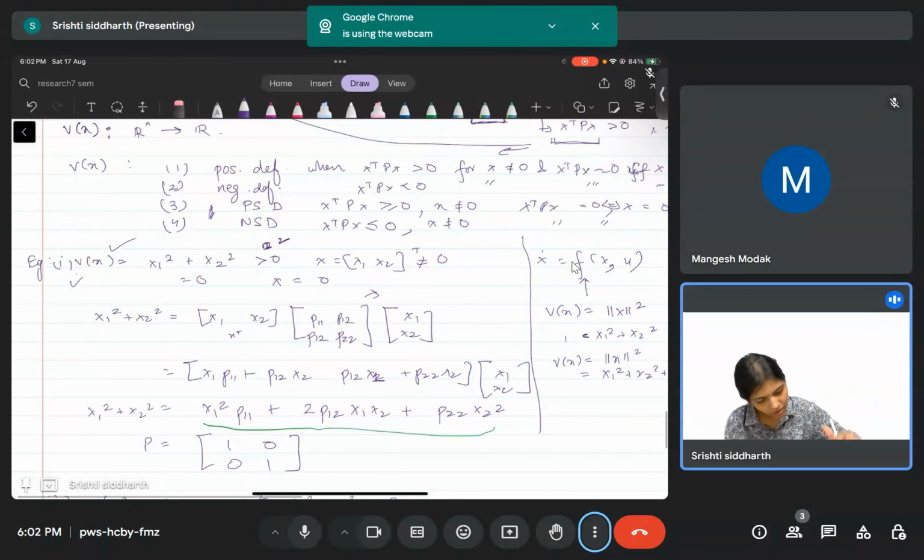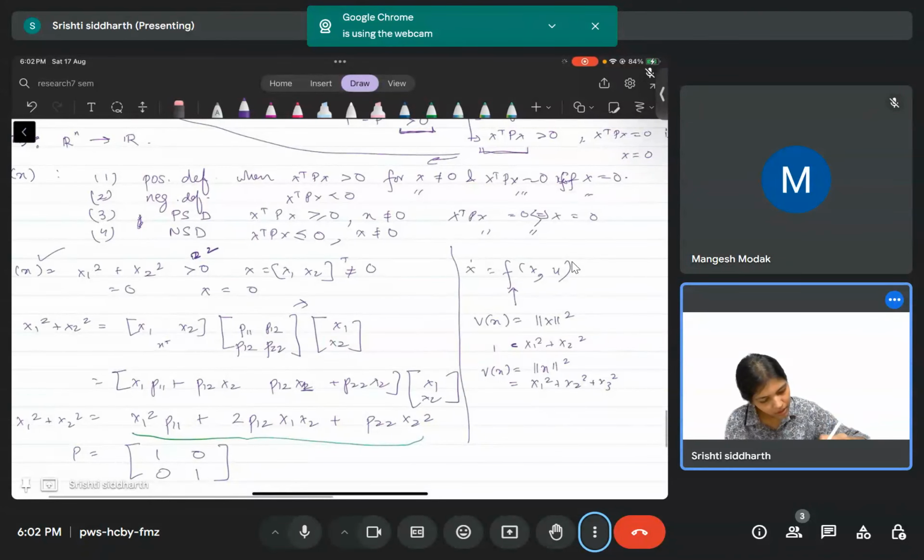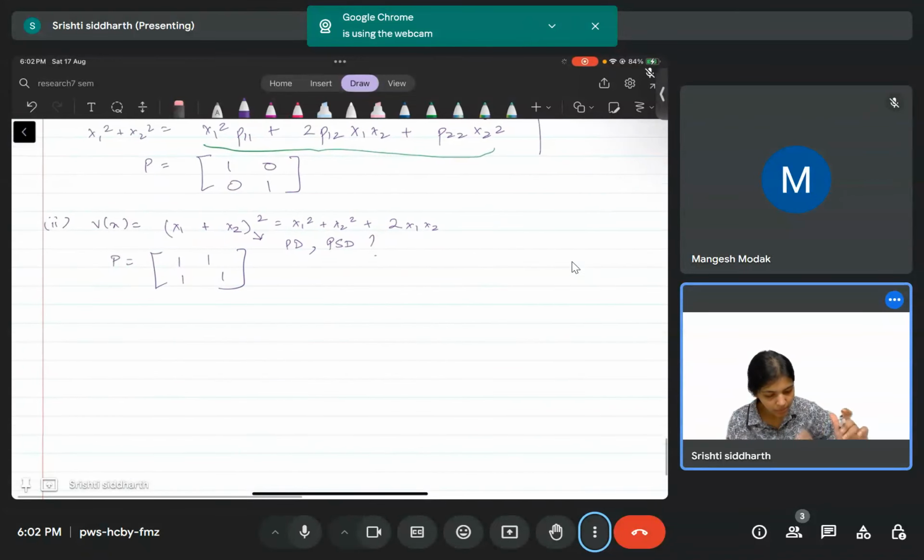There was a condition that x transpose Px can be 0 for a non-zero x. So let's see. So it's a 0.